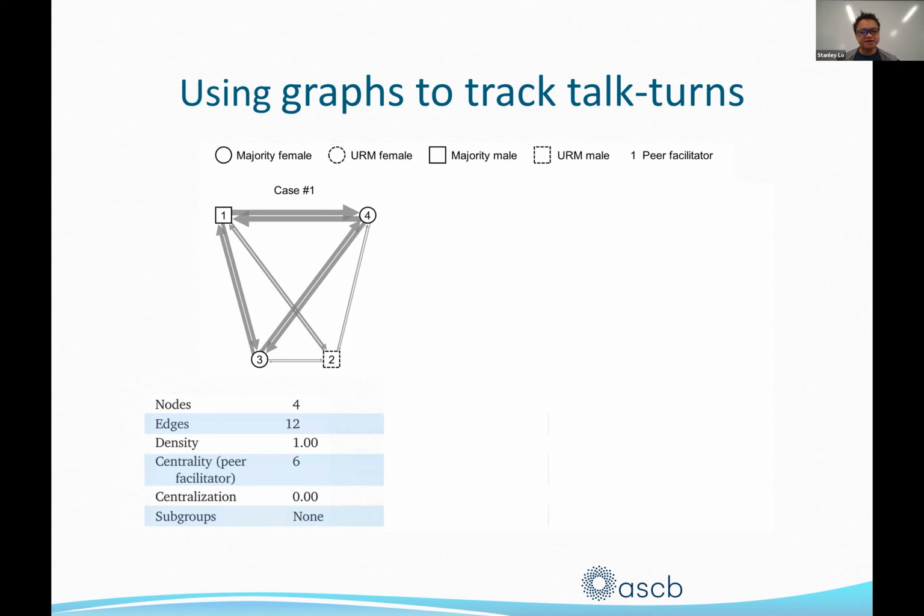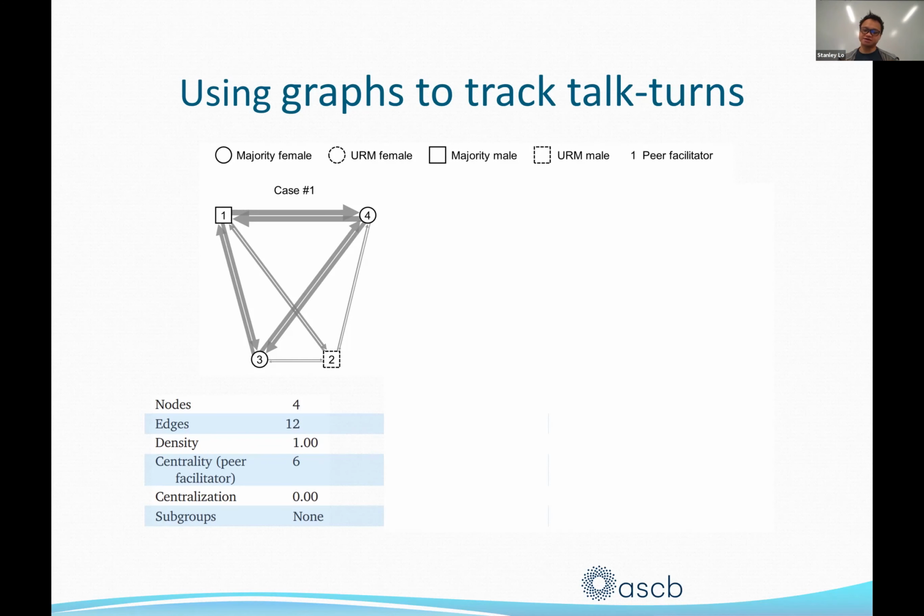And then centrality is a measurement of how important an individual is in that graph. The more arrows coming in and out of a person, the higher their centrality. In this case, it's 6 because there is an arrow coming in and out of the facilitator, person number 1, to each of the 3 other people.